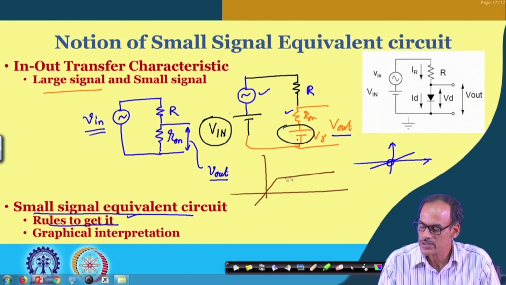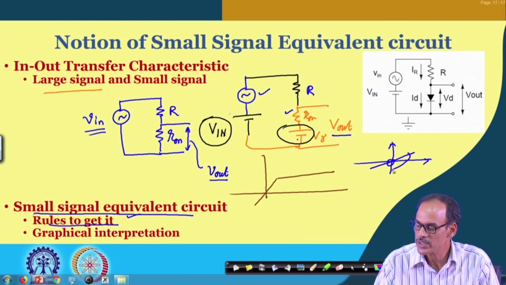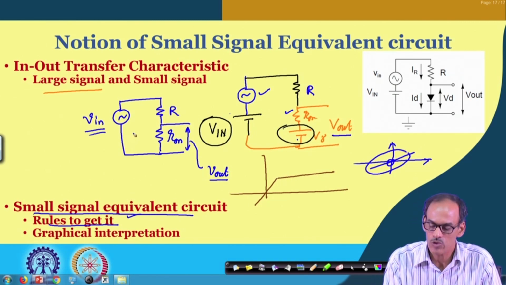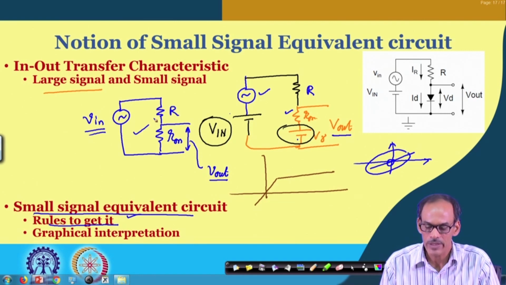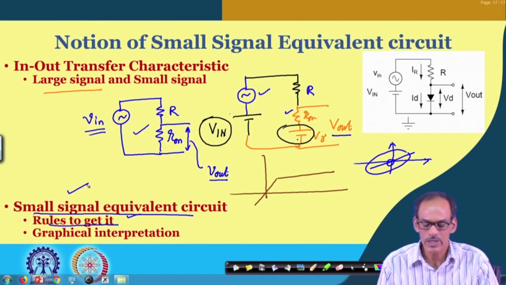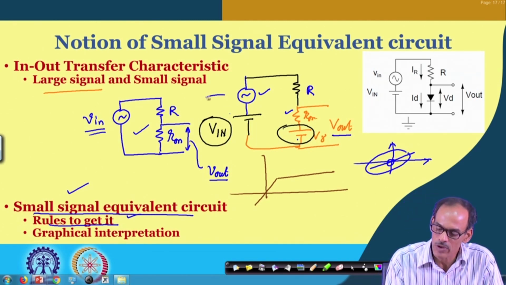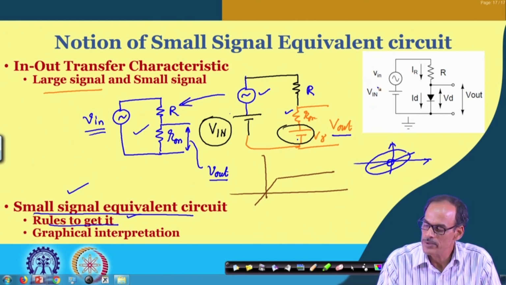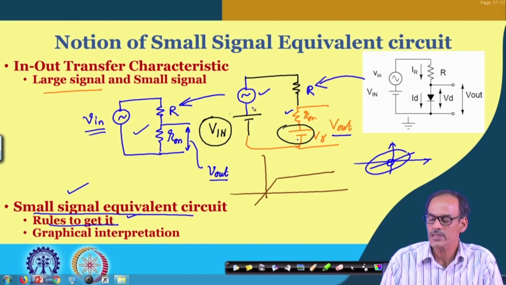Even though this circuit it is nonlinear, but whatever the characteristic we are getting and the equivalent circuit we are getting here, it is nothing but linearization. So, whenever we are talking about small signal equivalent circuit, I should say that it is linearization of the large signal equivalent circuit. Now, whatever we have discussed is that the original circuit, from that we obtain large signal equivalent circuit.